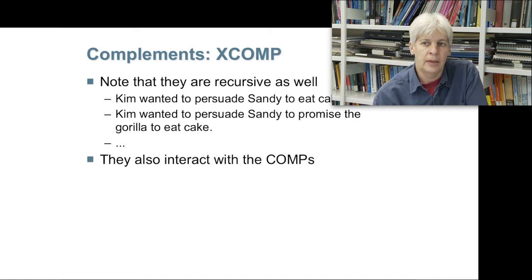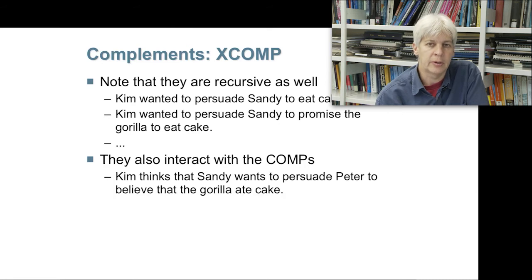They can also interact with the COMPs. Both of them have recursive structures, and they can interact with each other. So you can get things like: Kim thinks that Sandy wants to persuade Peter to believe that the gorilla ate cake. So what do we have here? Thinks takes a COMP, that Sandy wants to do something more complex.